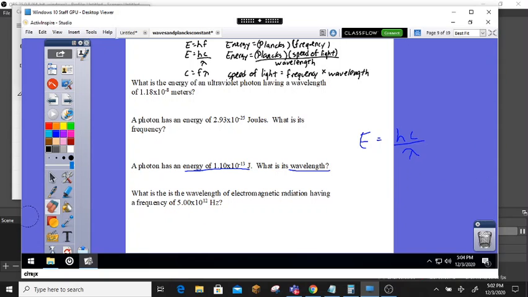Let me make room here so that it all fits nicely, or somewhat nicely. 6.62 times 10 to the negative 34, and C is the speed of light. And then we're solving for wavelength.